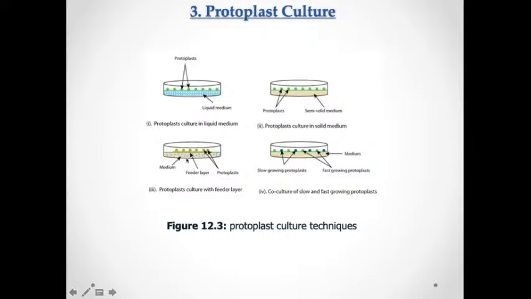Then the feeder layer: the feeder layer is on top of the medium, and on top of it are the protoplasts. Then there are slow growing and fast growing protoplasts in the co-culturing technique. The fast one provides the cell wall and regeneration to the slow one also. So these are the four different types of media that you can use to grow your protoplasts.